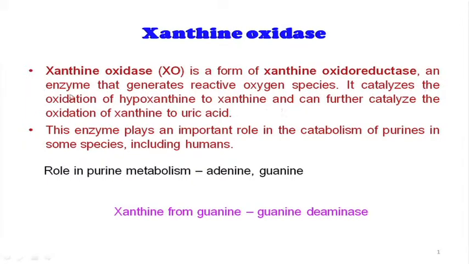We see that it catalyzes the oxidation of hypoxanthine to xanthine and can further catalyze the oxidation of xanthine to uric acid. So, the chain of reactions which is dependent on molybdenum, and all these groups of systems which we consider as xanthine oxidases, are responsible for transforming hypoxanthine to xanthine and xanthine to uric acid.